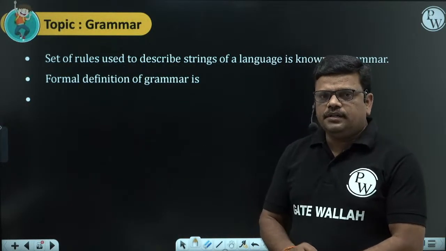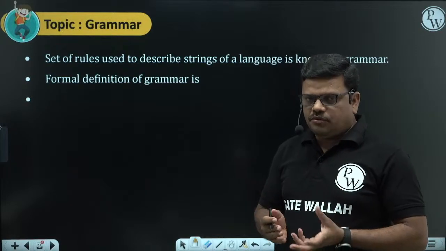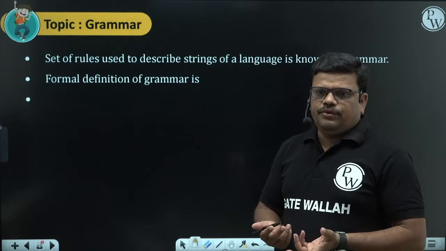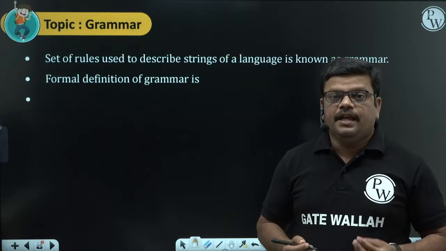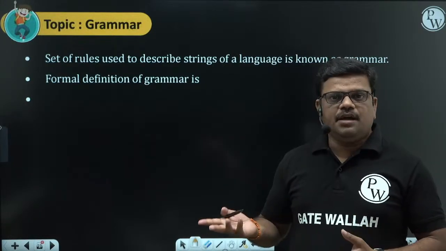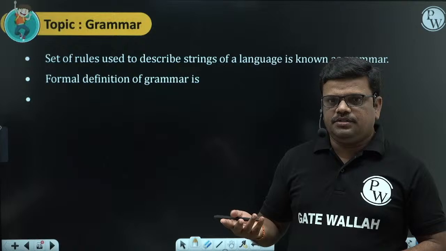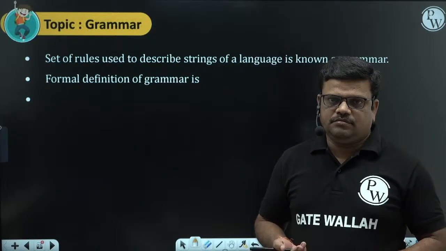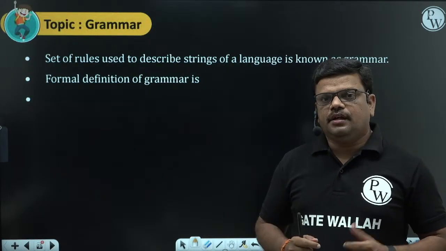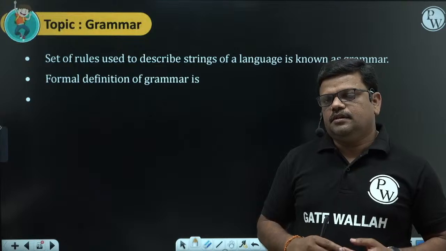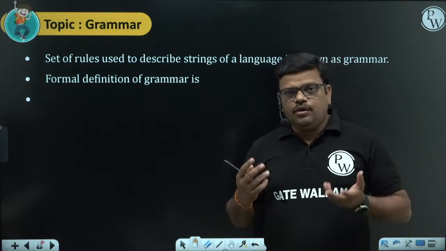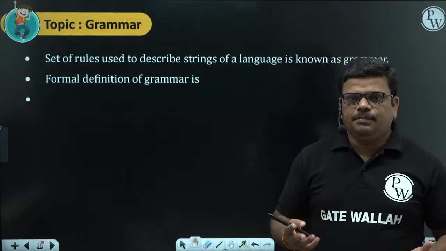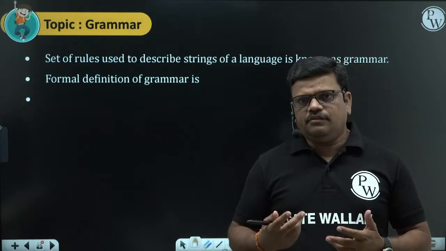Grammar is nothing but a set of rules of a language. I have given the example of so many languages in the last class. English language, English grammar. Students study English grammar for so many years. Hindi language, Hindi grammar. For any language, its grammar exists. Like this, computer science is full of languages: C, C++, Java, so many languages.